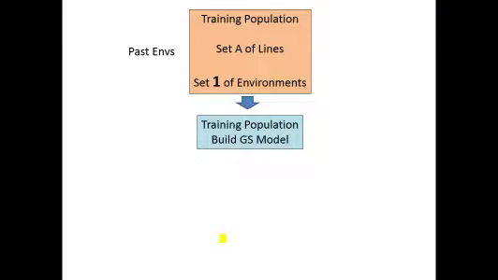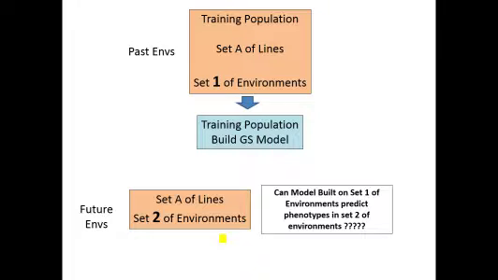And we show this schematically here. You have a training population, what's called set A of lines, and these have all been phenotyped in set 1 of environments. You're going to use that data to build your GS model. All that phenotypic data comes from past environments. Now let's say you're going to take that same set of lines and phenotype them in set 2 of environments.